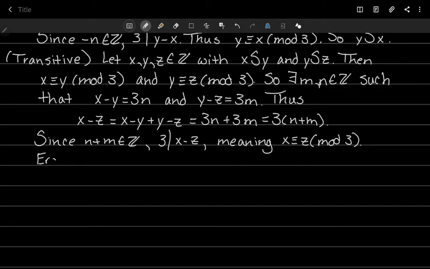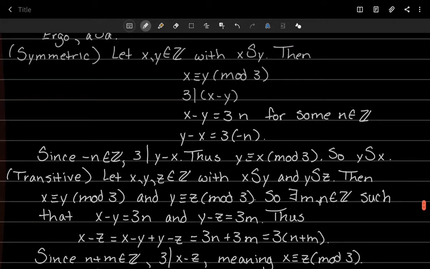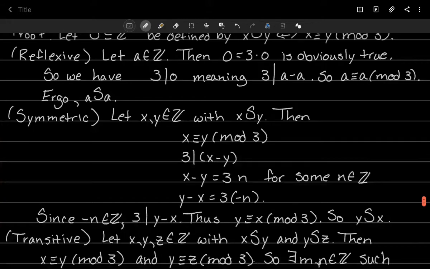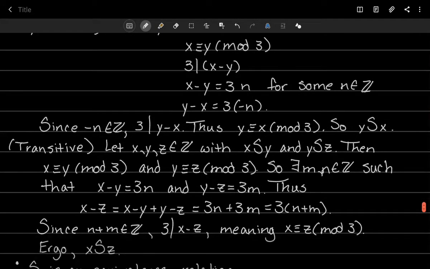Ergo, x is related to z, and that's what we needed for transitive. So then we'll put our three dots, which mean therefore. Therefore, S is an equivalence relation. Okay, so that's how a proof looks for an equivalence relation. You just show each of the three pieces. Sometimes they're fairly straightforward, sometimes they take more work.